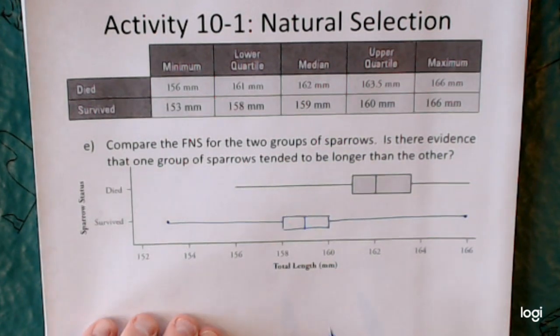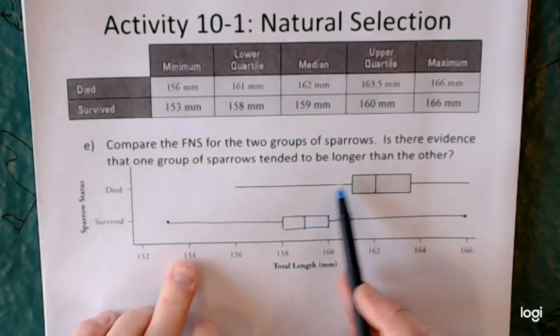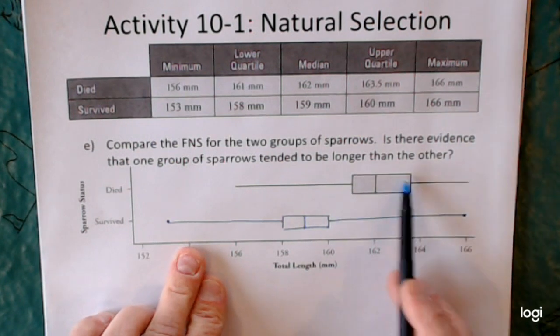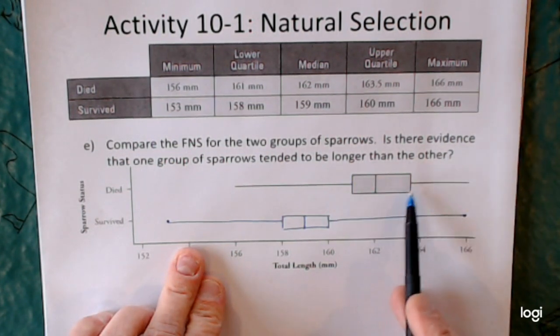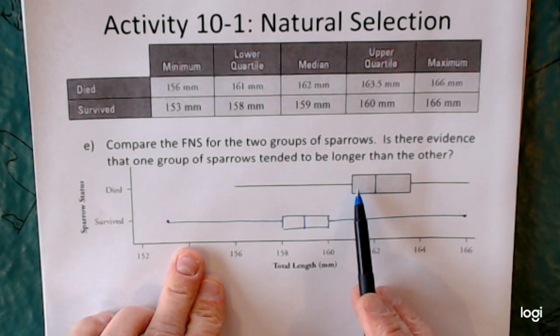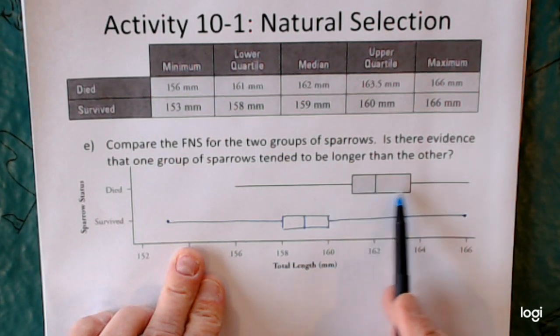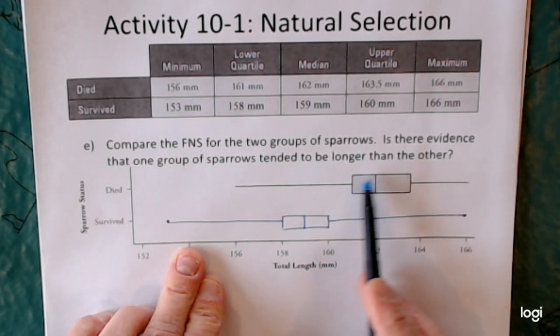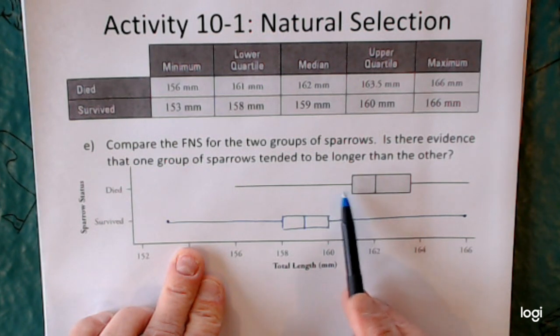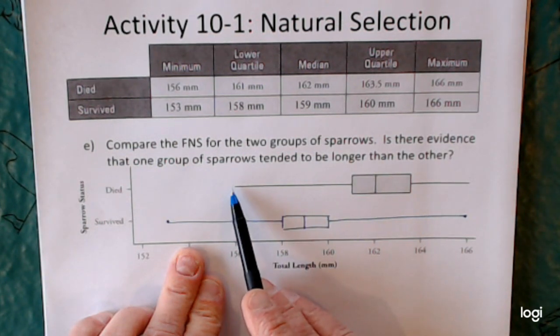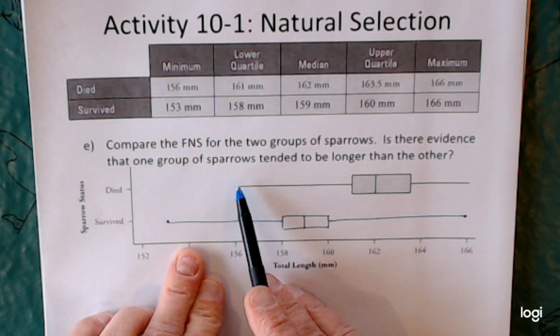So when I'm looking at my box plots, maybe among the sparrows that died, the box, remember, represents the middle 50% of the data. That's what we think of as the most typical data. If something gets too far away from that middle 50%, then we consider it to be an outlier.